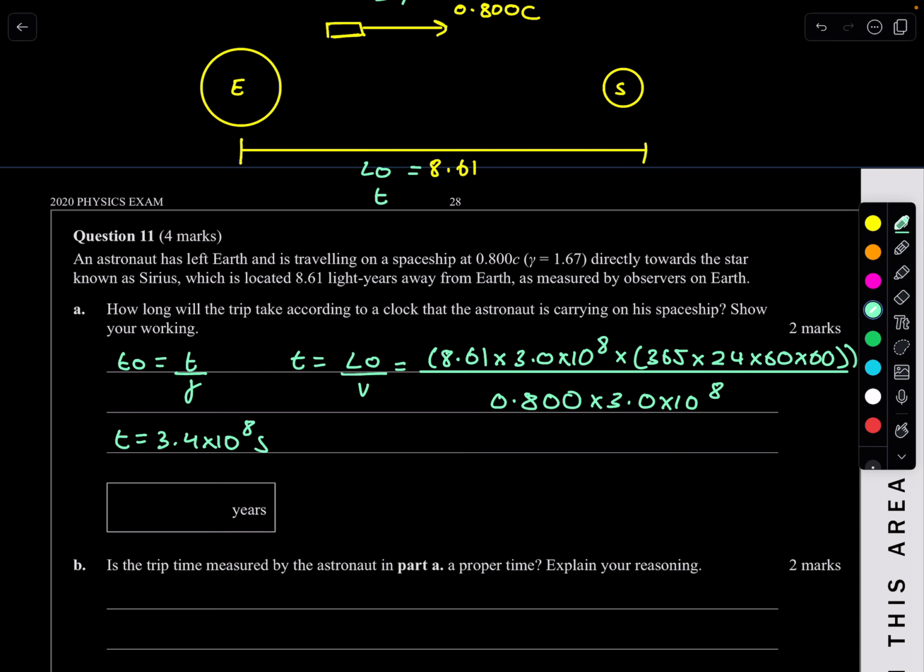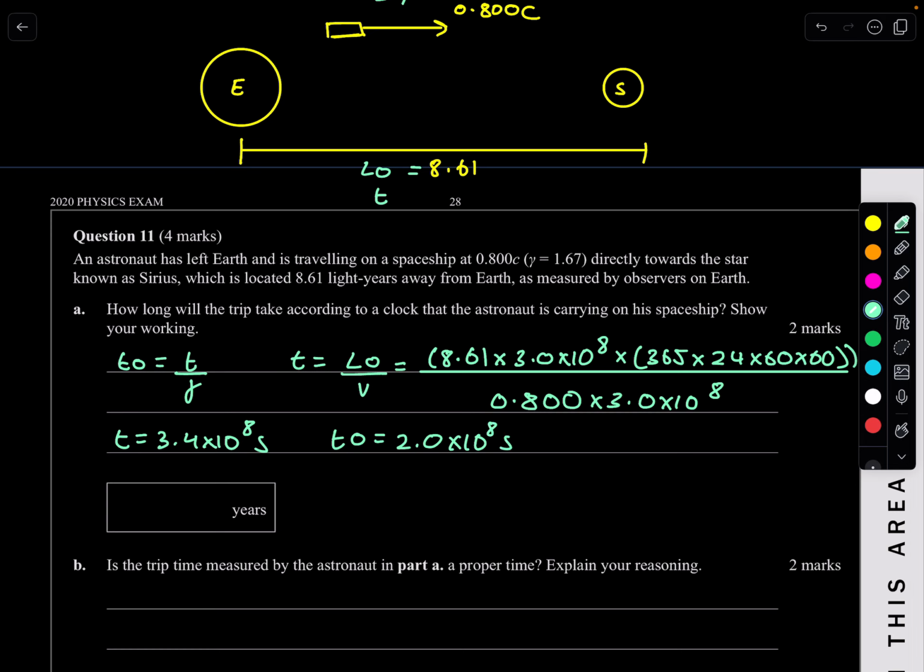Using our formula, proper time is that divided by your gamma, which is 1.67. That gives me about 2.0 times 10 to the power of 8 seconds.